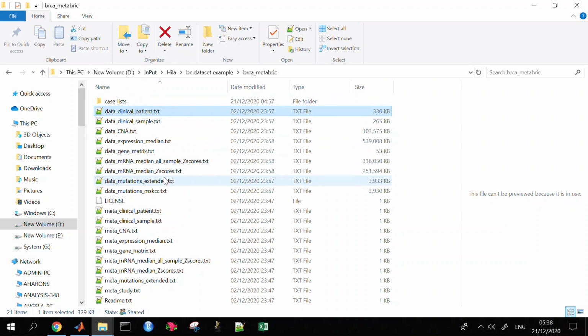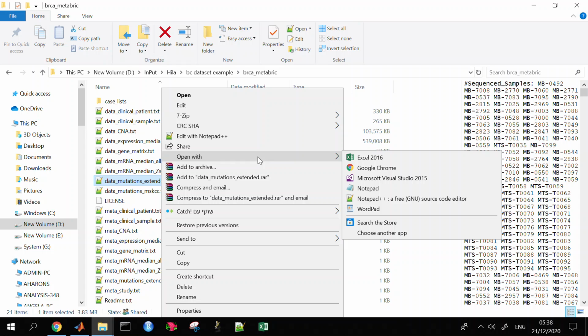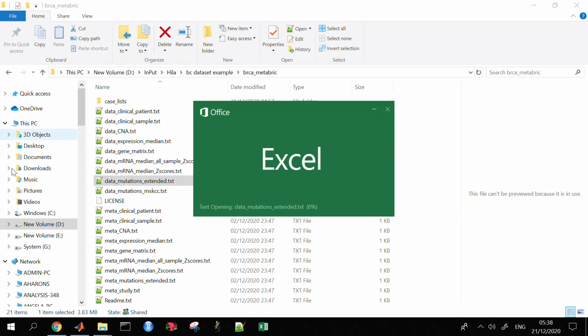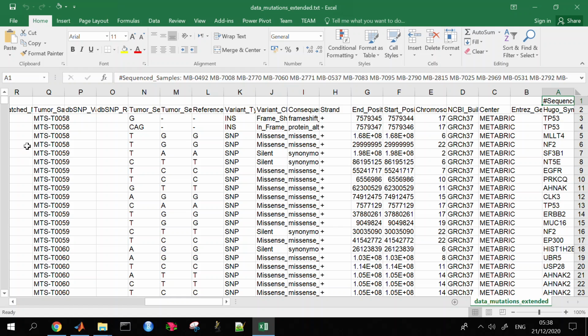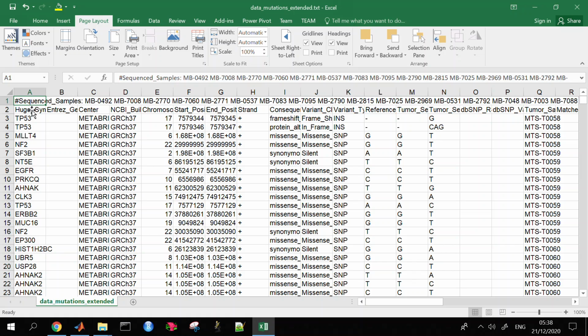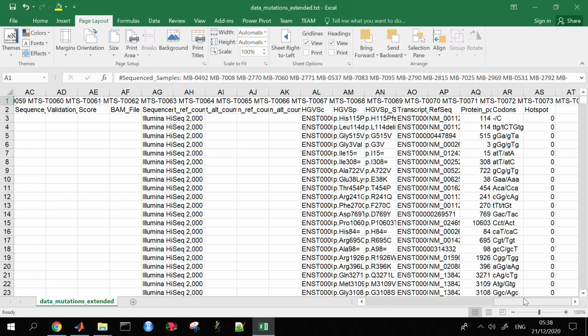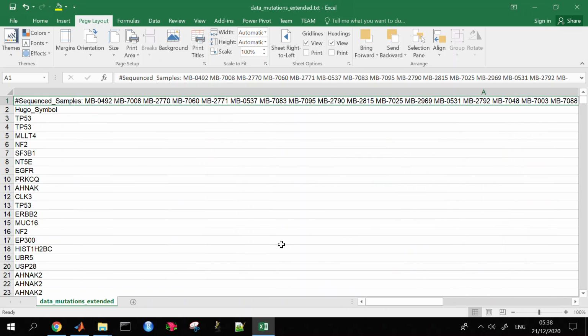Oh, and I forgot to save the file as an Excel file, but we will do that with our lost data. Okay, and this is the mutations data, and it looks like this. Okay, so here we have gene names.